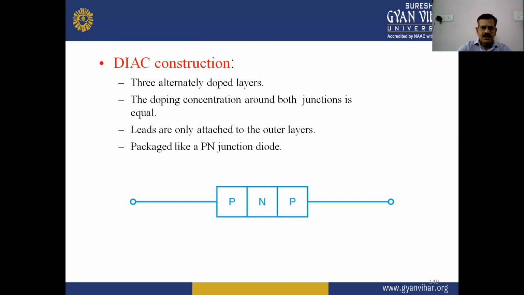The doping concentration is equal around both junctions, and leads are only attached to the outer layers, that is, the outer P layers in this diagram, and it is packaged like a PN junction. So we can package the diac like a PN junction diode. So this is the construction of the diac.